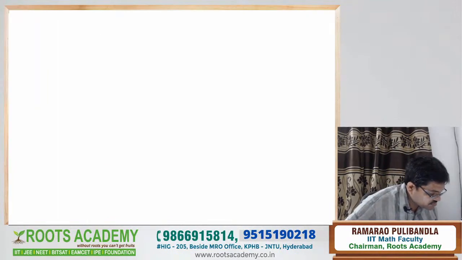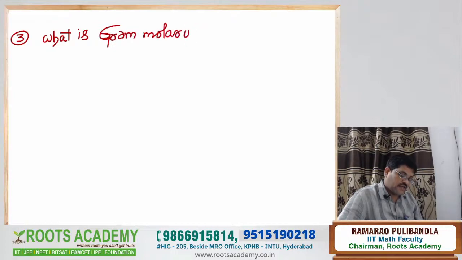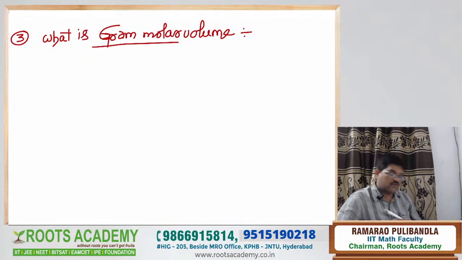Come to the third question: what is gram molar volume? Simple statement. Gram molar volume means the volume occupied by 1 mole of the gas. Repeat once again: the volume occupied by 1 mole of the gas is called gram molar volume.